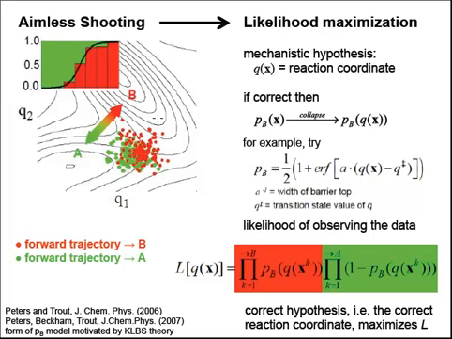Now, for most problems, we have something like 10,000 dimensions. We can't just look at the problem and see which direction corresponds to the reaction coordinate, and we have to have something more systematic. So what we do is we propose a mechanistic hypothesis, and we say if our mechanistic hypothesis is correct, then all of these realizations of the committer probability, each one of these is like flipping a biased coin. Over here I'm very likely to go to B, and over here I'm very likely to go to A.